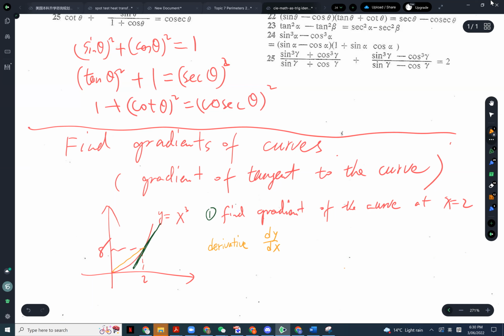If you use a formula, if y equals x to the n, the gradient of the curve is dy dx equals n x to the n minus 1.